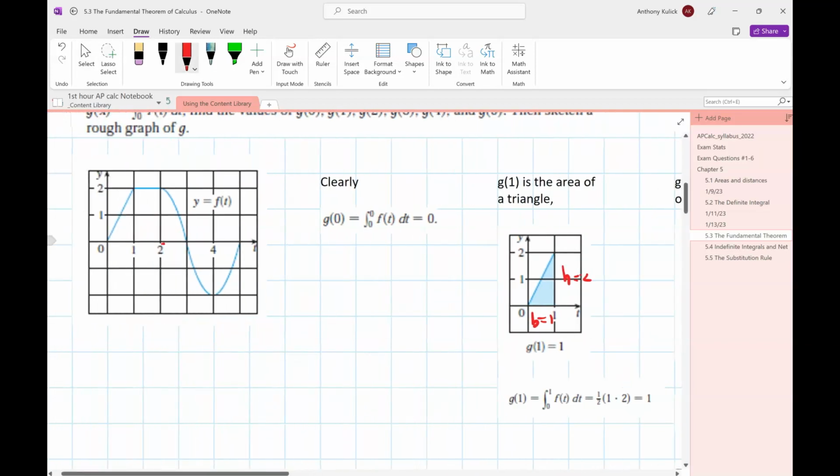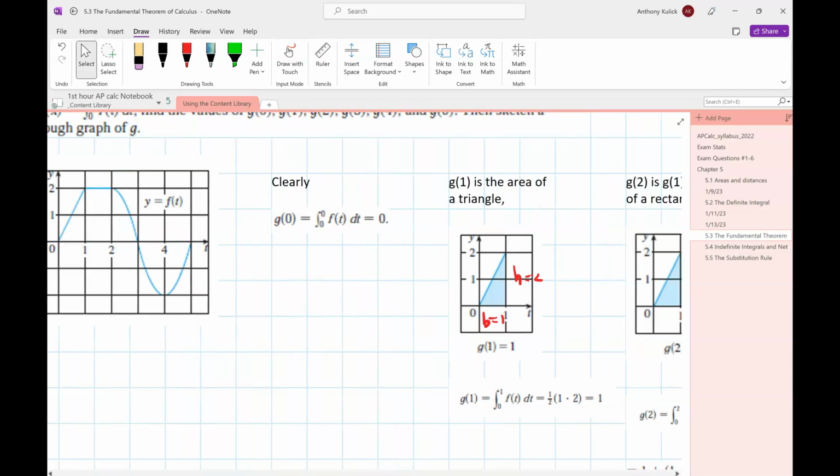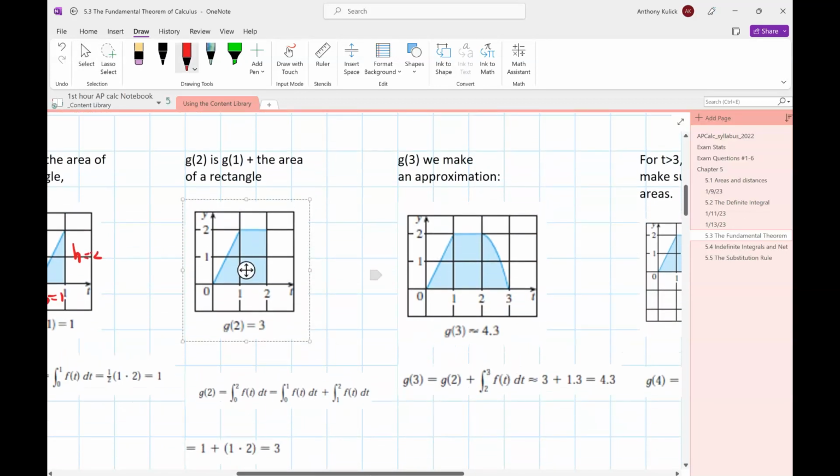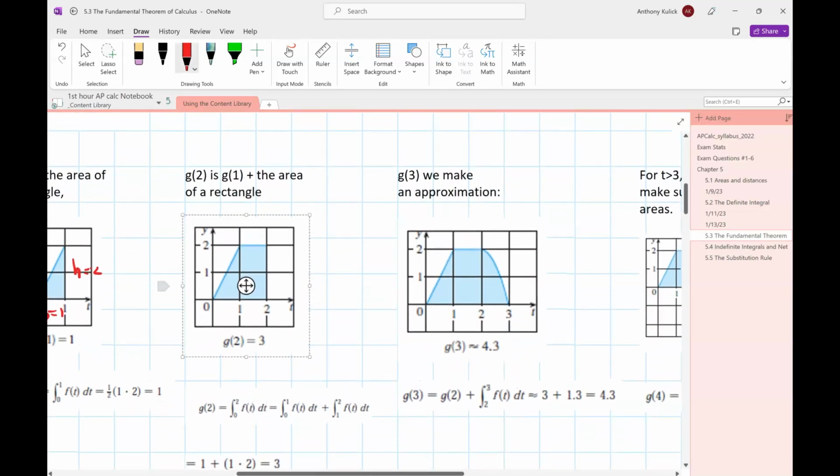G of 2 is like that area, right? So if I do that, that's the integral from 0 to 1, which we just did, and then the integral from 1 to 2.